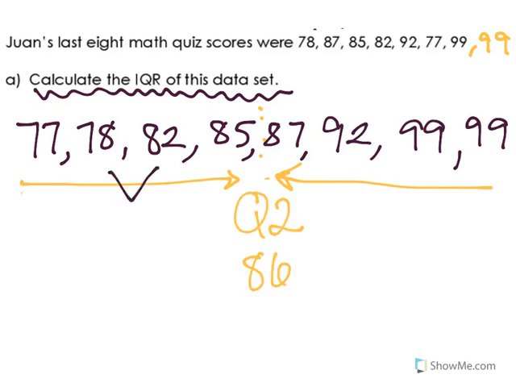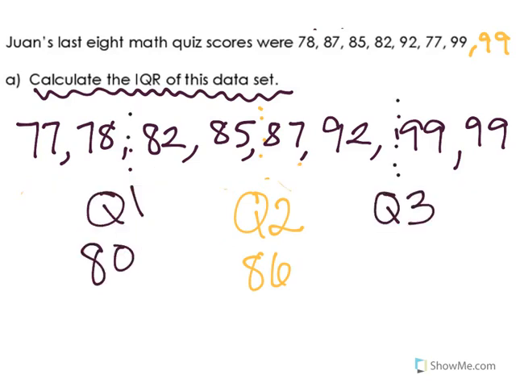When I add 78 and 82 together, I get 160. 160 divided by 2 gives me 80. So that means our quartile 1, or Q1, is 80.